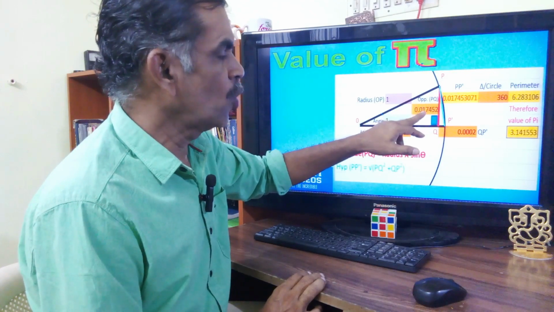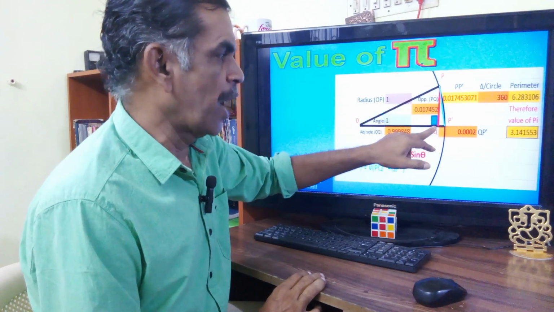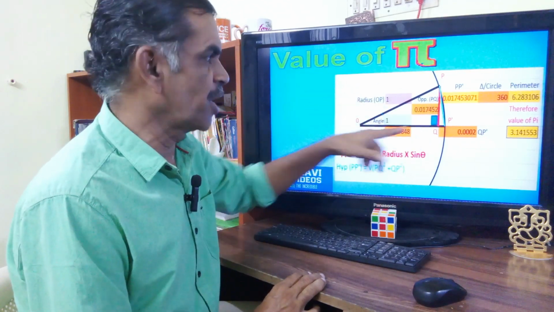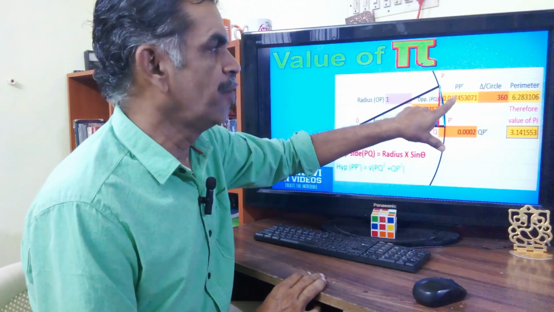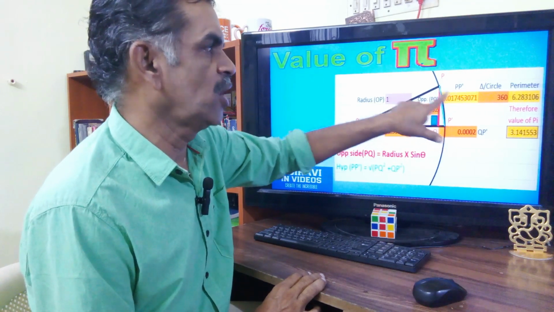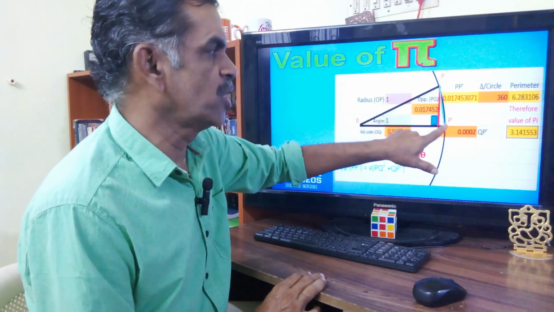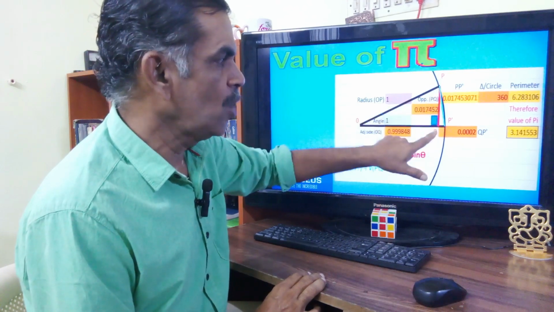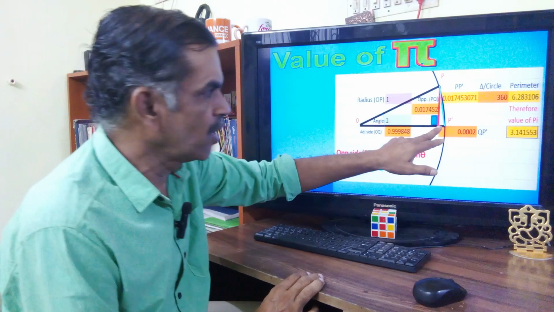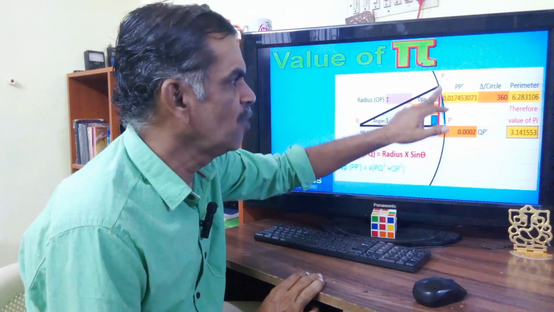We know PQ and we know QP dash. So by using Pythagoras theorem, we can calculate and we come to this value, 0.17453. This value is the hypotenuse of this PQP dash triangle. So in this right angle triangle, we get this value.